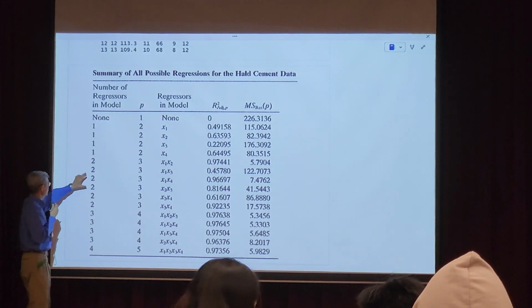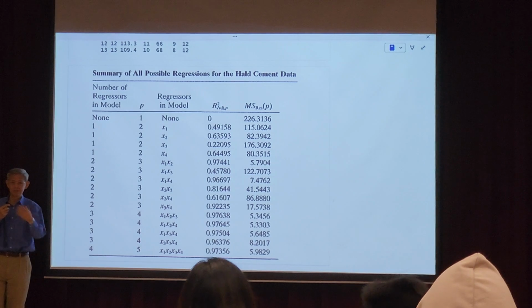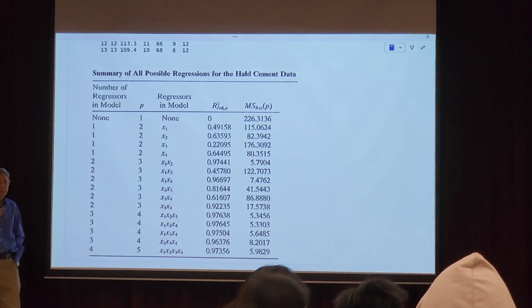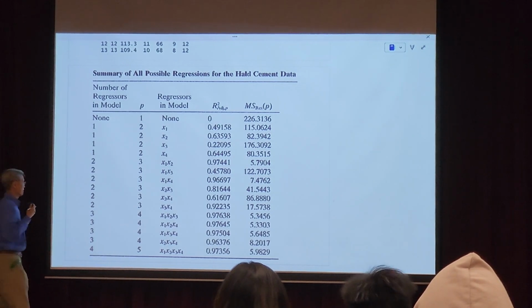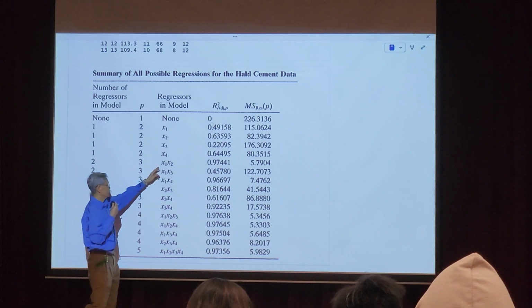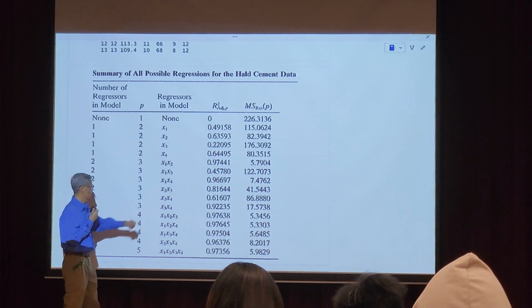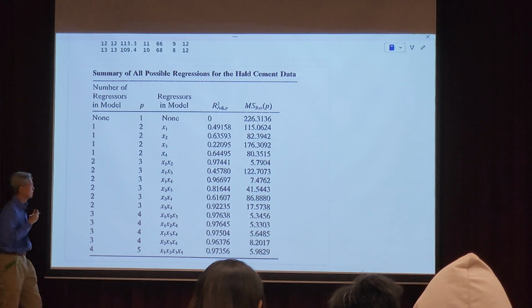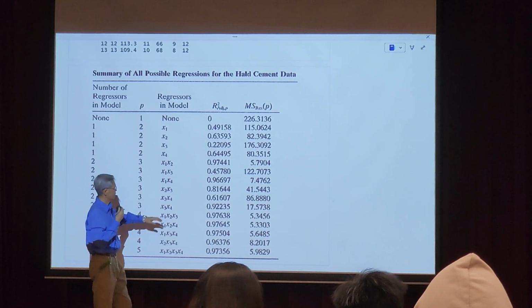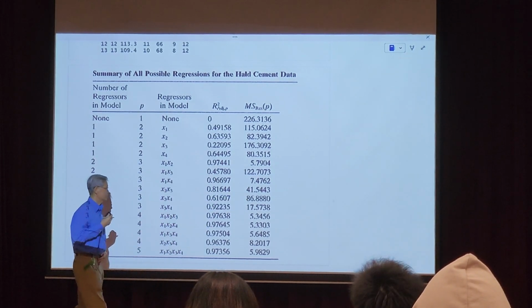Or you can consider 2 regressors. 4 choose 2. In probability you learned that, right? 4 choose 2 is 4 times 3 over 2, so 6 models: X1 X2, X1 X3, X1 X4, X2 X3, X2 X4, X3 X4. Same thing, you can calculate all the R square and the mean square residue.